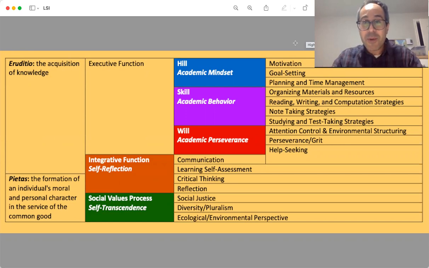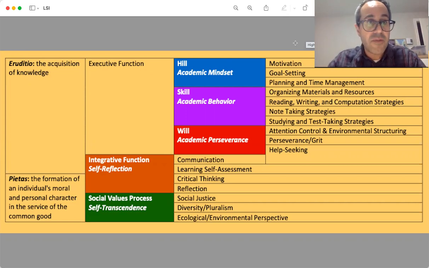So, super quick, as quick as we can. Moving from right to left, you see the general to the specific. You see the two general categories of student learning and formation that underpin a Catholic education, in which AVLI participates. So eruditio, the acquisition of knowledge, the head.